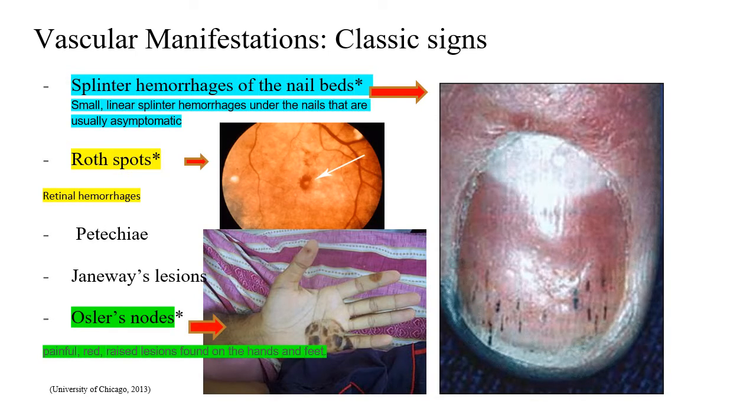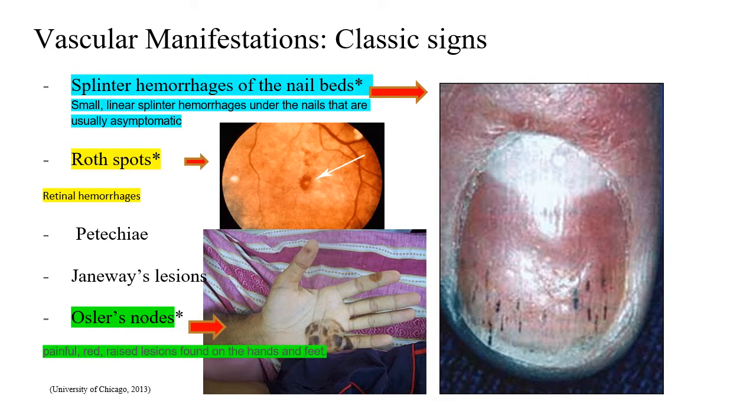Vascular manifestations of endocarditis are splinter hemorrhages on the nail beds, Roth spots, petechiae, Janeway's lesions, and Osler's nodes. I'm just going to go over 3 of them. Splinter hemorrhages are these little black lines on the nail beds and usually asymptomatic. Roth spots are retinal hemorrhages.